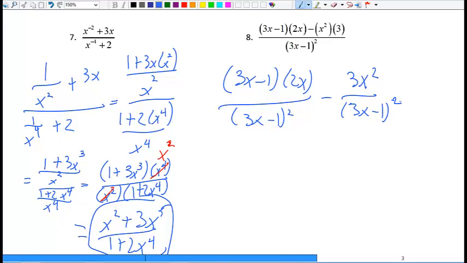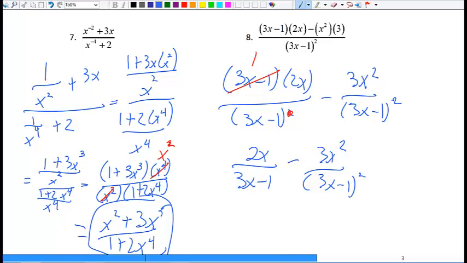And the only real benefit to doing that is we can divide out a 3x minus 1 squared there for that first term, which gives us 2x over 3x minus 1, and then minus 3x squared over 3x minus 1 squared. And that's about it, unless we wanted to find a common denominator and put it back the way it looks, but that's it for now.